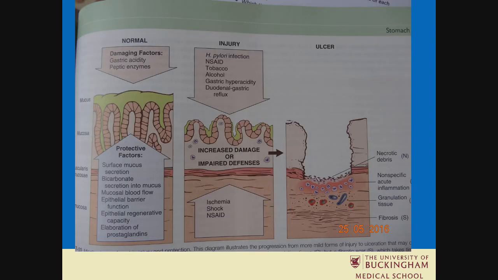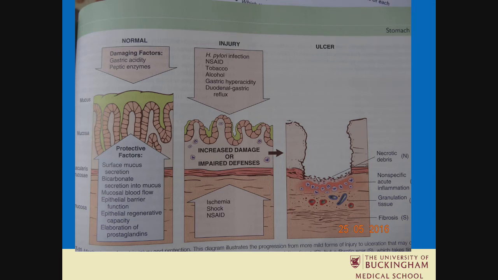This is the diagrammatic representation, which I took from Robbins. So this is normal: there is a thick layer of mucus and epithelium that protects the mucosal defense, and there is injury because of hyperacidity or peptic attack.